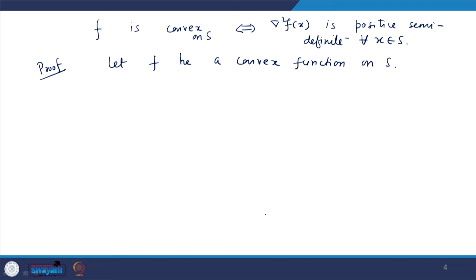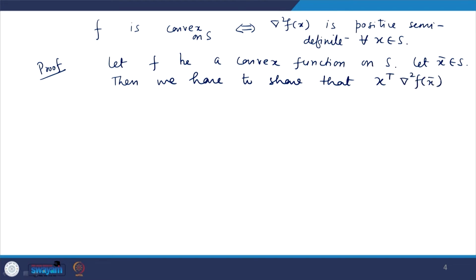Taking any x bar belongs to S, we have to show that x transpose del square of f x bar into x is greater than or equal to 0 for all x belongs to R n.